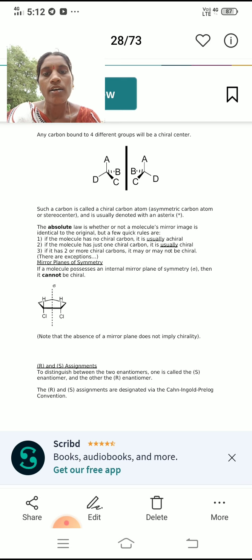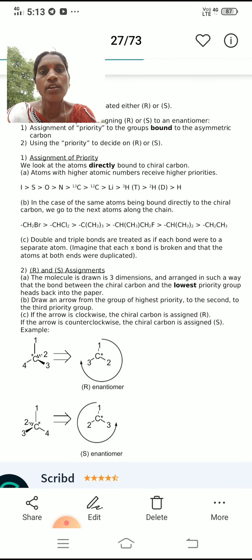So RS nomenclature was given by Cahn, Ingold and Prelog, so that it is called the CIP. For this nomenclature certain rules are there, those are called the CIP rules.